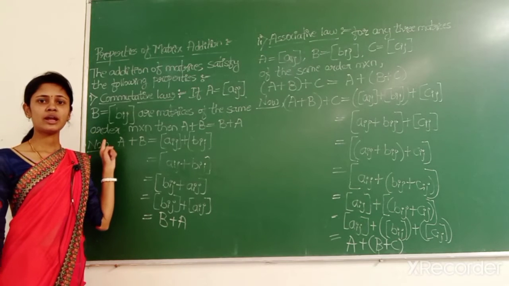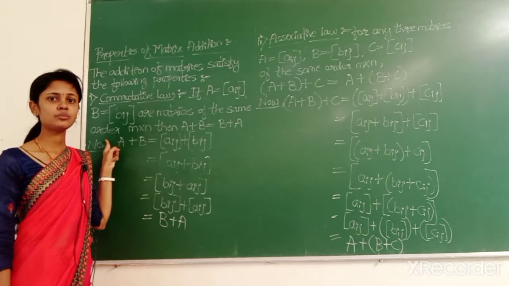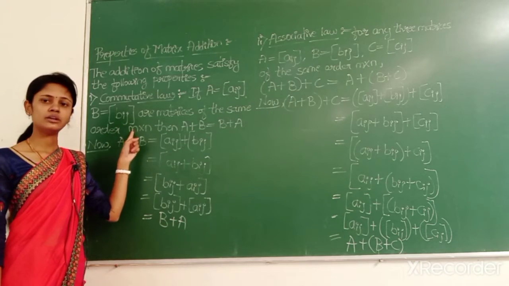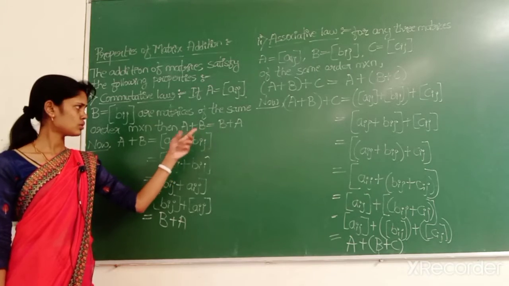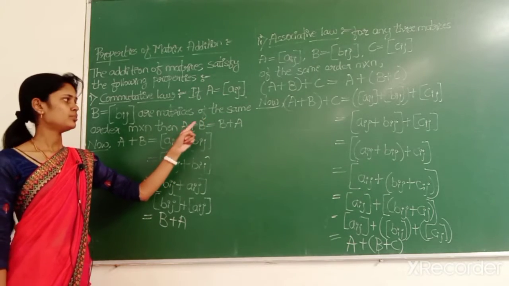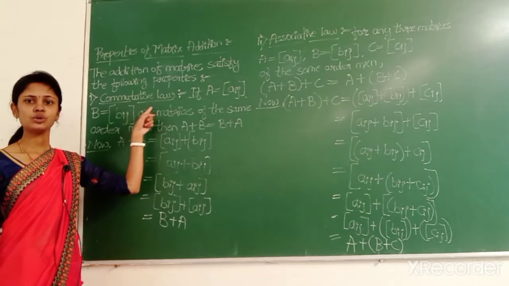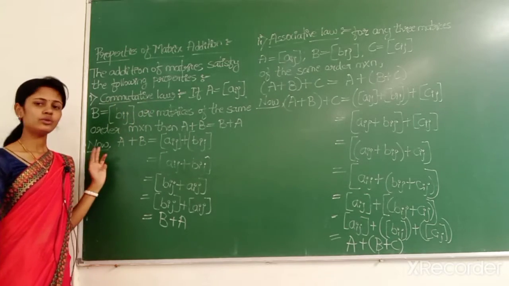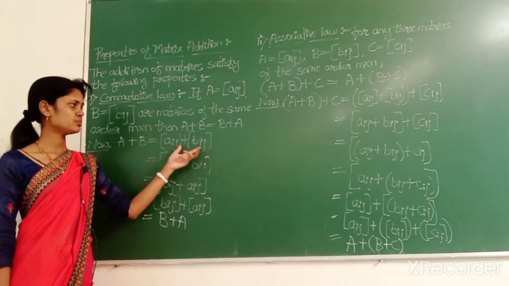So here A and B are two matrices of the same order, m cross n. Then A + B = B + A. So we have to show that A + B = B + A, which we call a commutative law. Now A + B = [Aij] + [Bij].